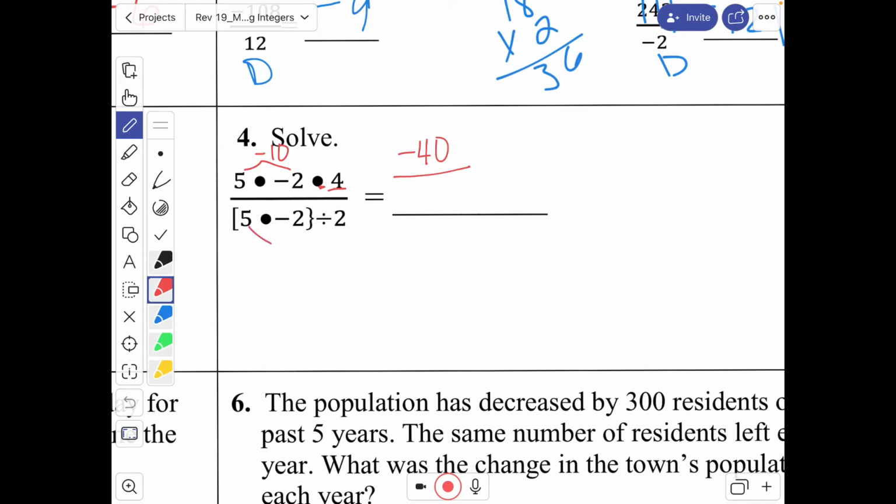And then I think my grouping symbols are a little messed up, but we're still going to do what's inside the grouping symbols. 5 times negative 2 makes negative 10 again, divided by positive 2. So negative 10 divided by positive 2 makes negative 5. So negative 40 now divided by negative 5 will make a positive 8.